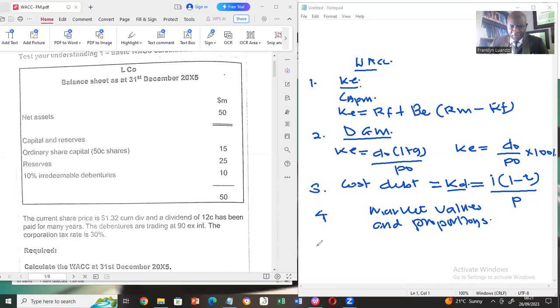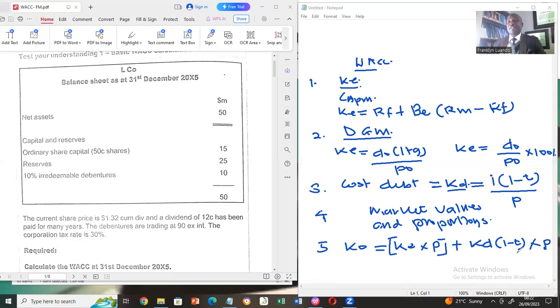In number 5, we can now calculate WACC. WACC is denoted by KO, and it is calculated as KE, which is the cost of equity, multiplied by the proportion, which I'm going to show you how to calculate, plus KD, 1 minus T, the tax component, multiplied by the proportion.